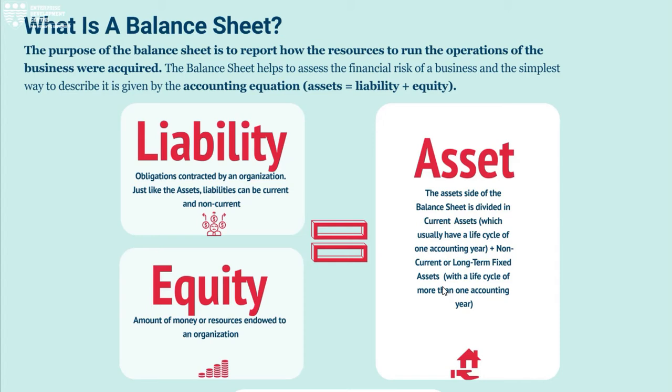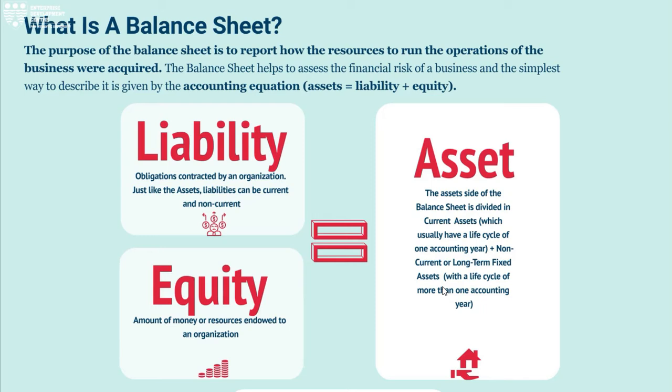What do we mean by the assets of the business? The assets of the business include all the resources owned by the business. This includes the cash the business owns, the vehicles the business owns, the equipment the business owns, the stock the business owns, the accounts receivables, also known as debtors, the customers that are owing.